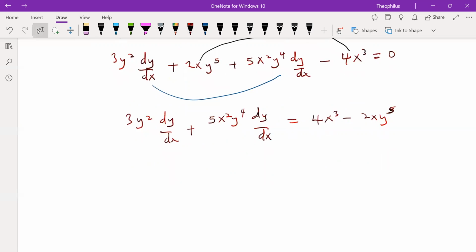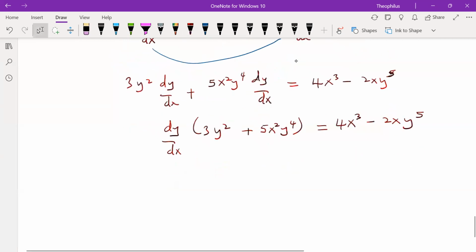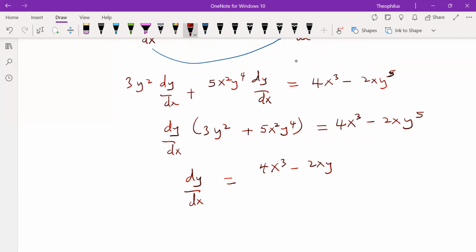Then we group the dy/dx together, and by doing so, we get something like this. So this then becomes our final answer.